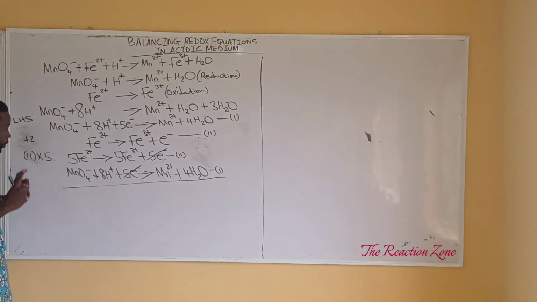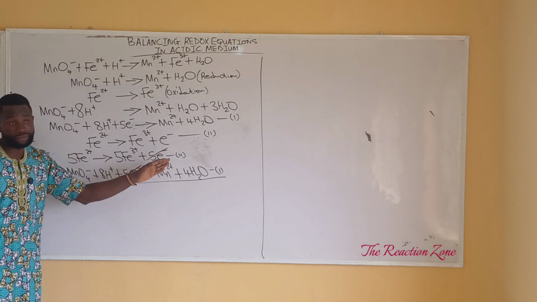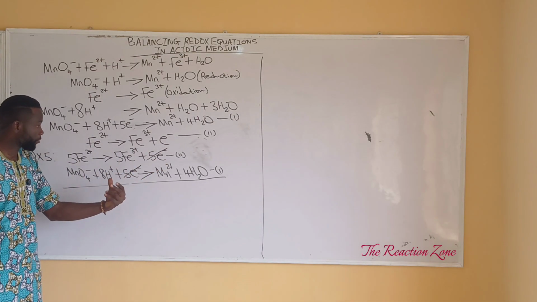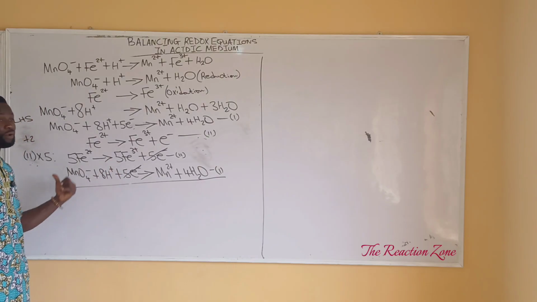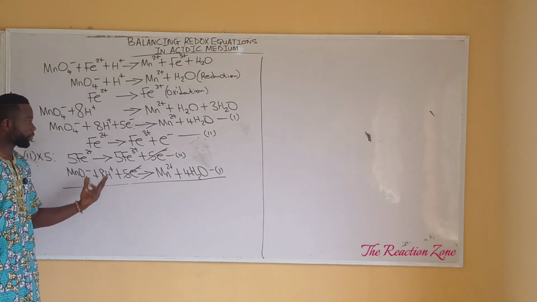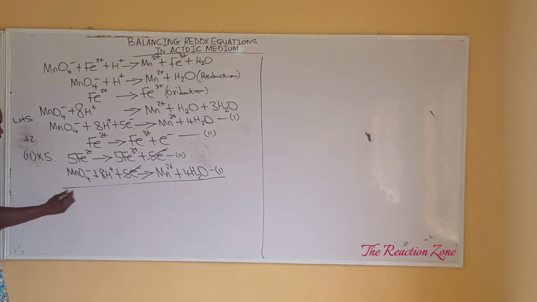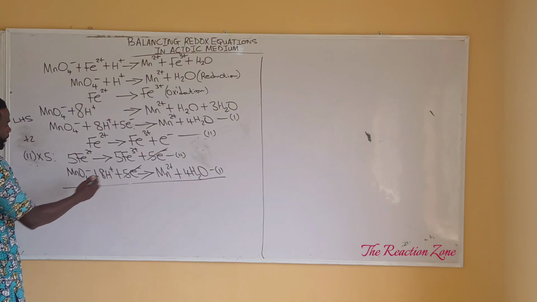So you must please note that if the number of electrons in one of the half equations is on the right side, then the number of electrons for the other half equation must be on the left. So the electrons in both half equations must not be on the same side. So we can add both equations now to get our final answer.